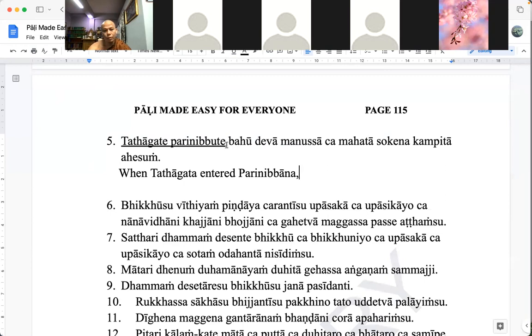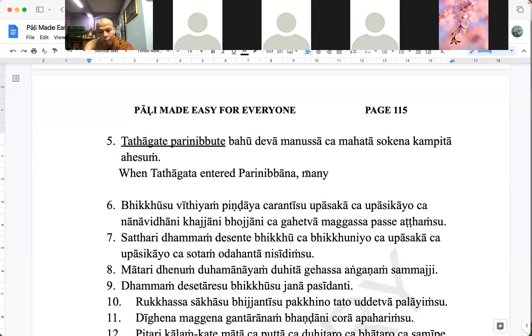so Bahu Dewa Manosa, so here Aheso, okay. Bahu means many, modifying the subject.